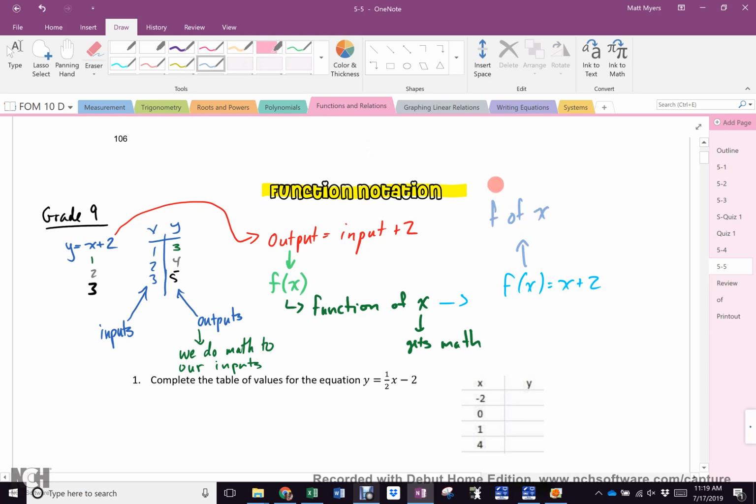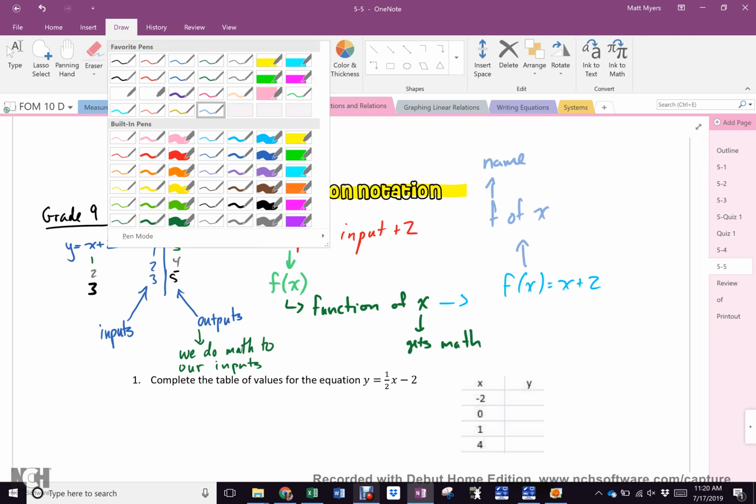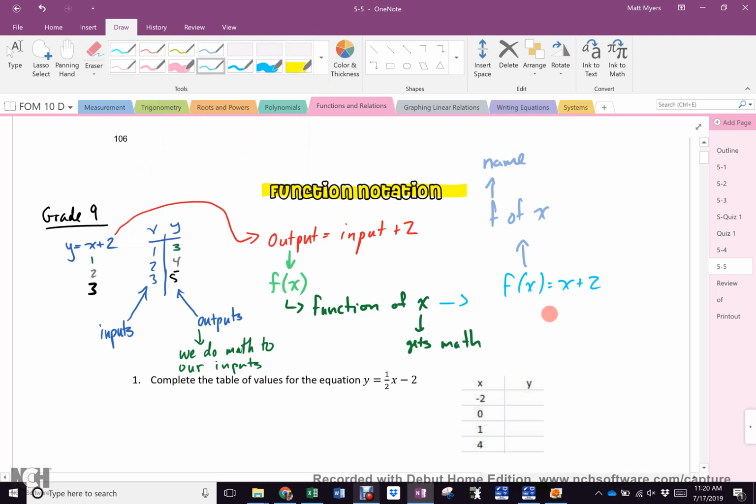The f is the function's name, because you can only do one set of math to this x. No matter what I put in for x, I'm going to add 2. So the table of values now is no longer x and y, it's x and f of x.